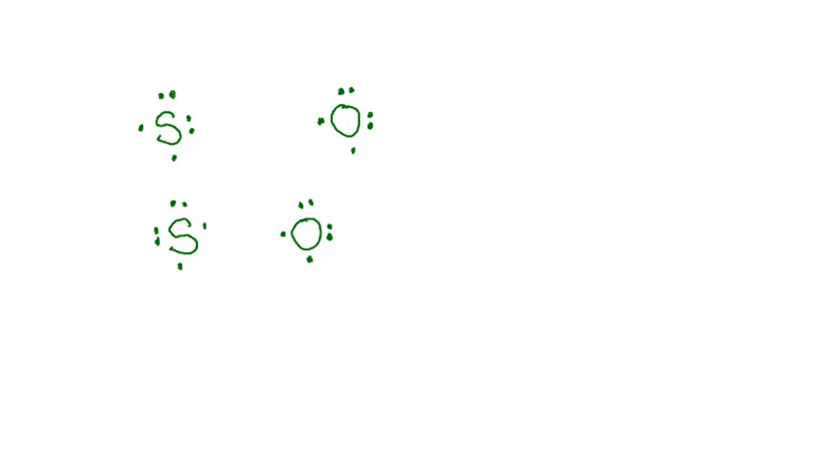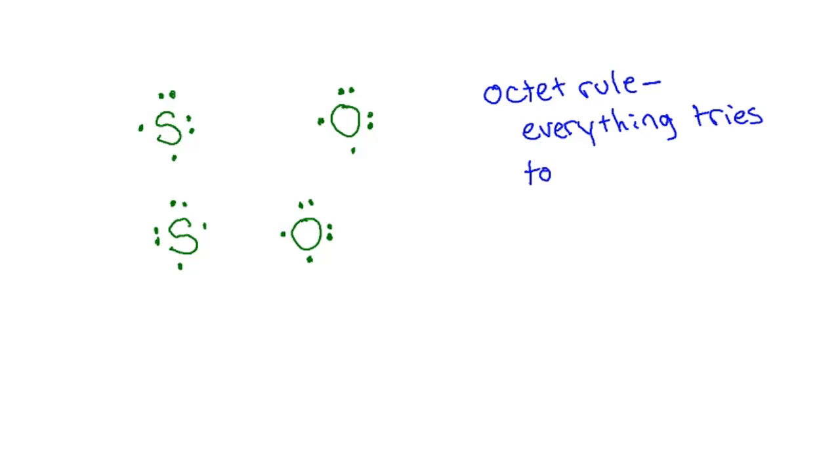Okay, now if you notice in the octet rule, everything tries to get 8 valence electrons, or electrons in its outer shell. And that's all we're concerned with, the 8 electrons in the outer shell.